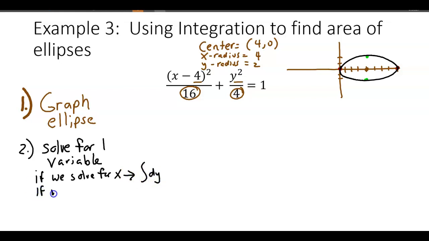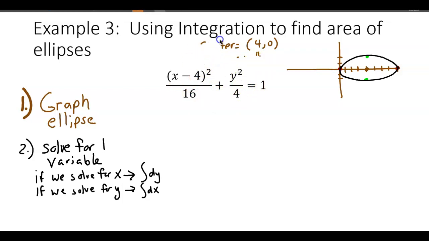But if we solve for y, your integral is going to be with respect to x. Okay, so on mine, I'm going to choose to solve for the y. And since I'm solving for y, my integral is going to end up being with respect to x, and you'll see that in a moment.